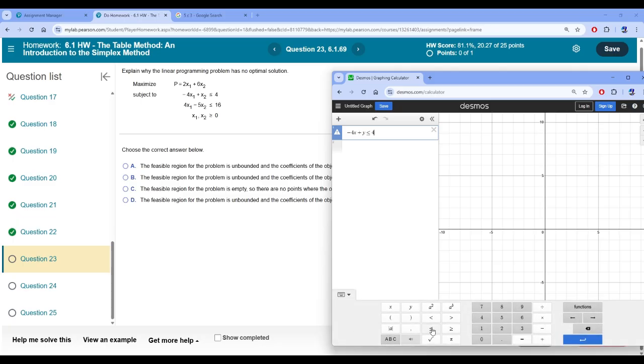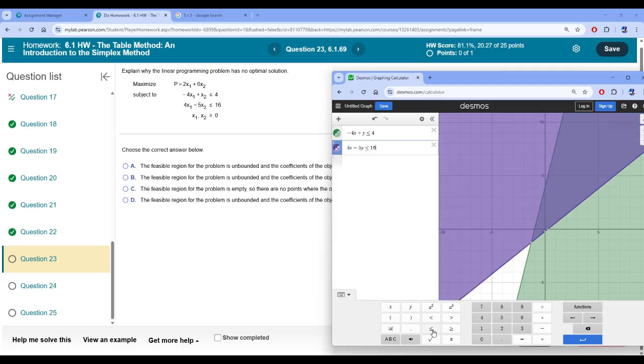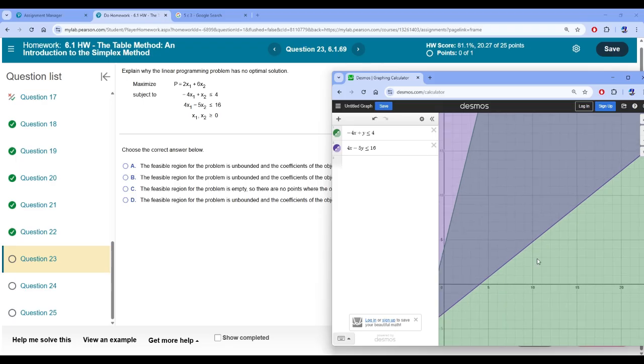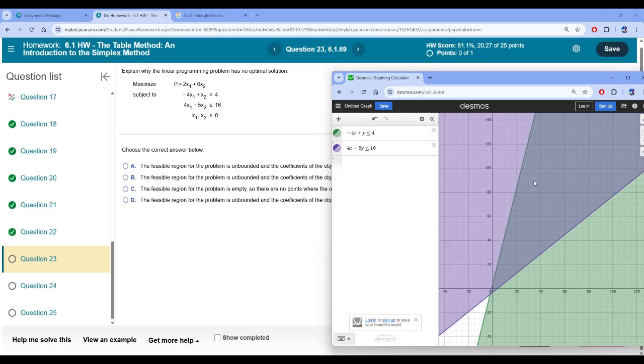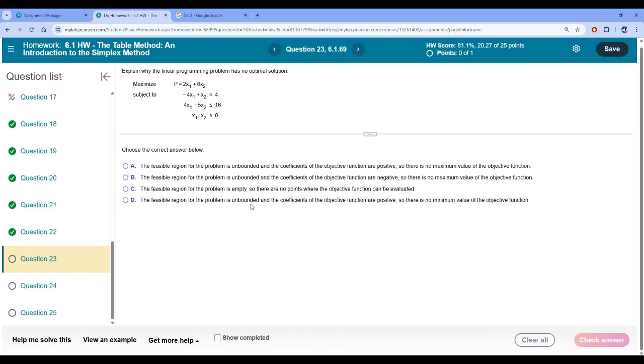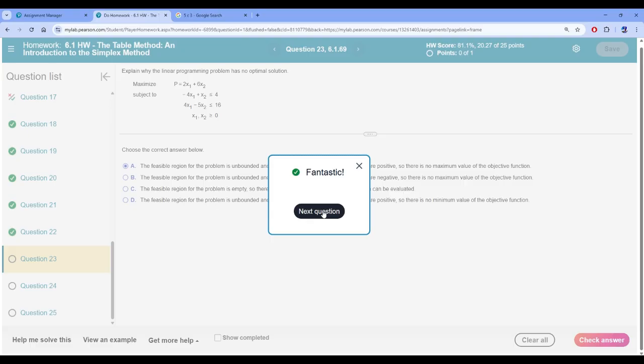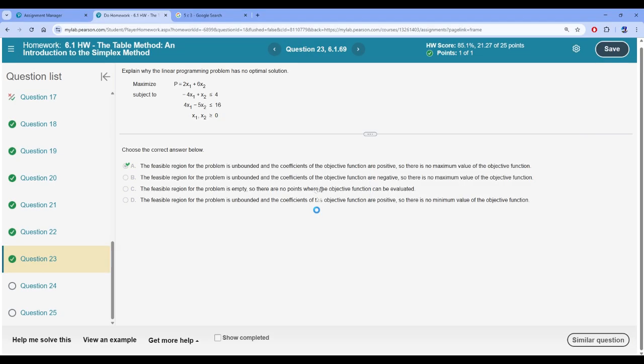And then let's say we have 4x minus 5y is less than or equal to 16. The problem here is that we're literally talking about this region, which is unbounded. So the feasible region is unbounded, and the coefficients of the objective function are positive. I think it's because it's positive, so it's forever going up. You guys saw it.